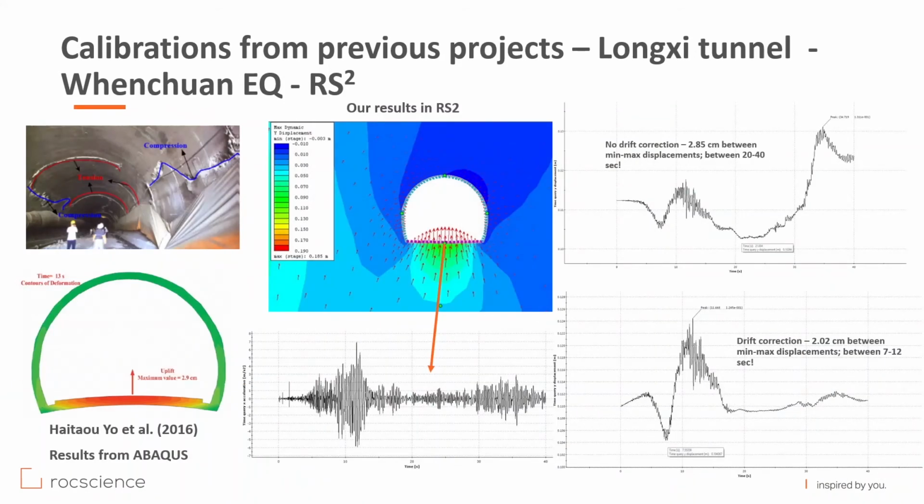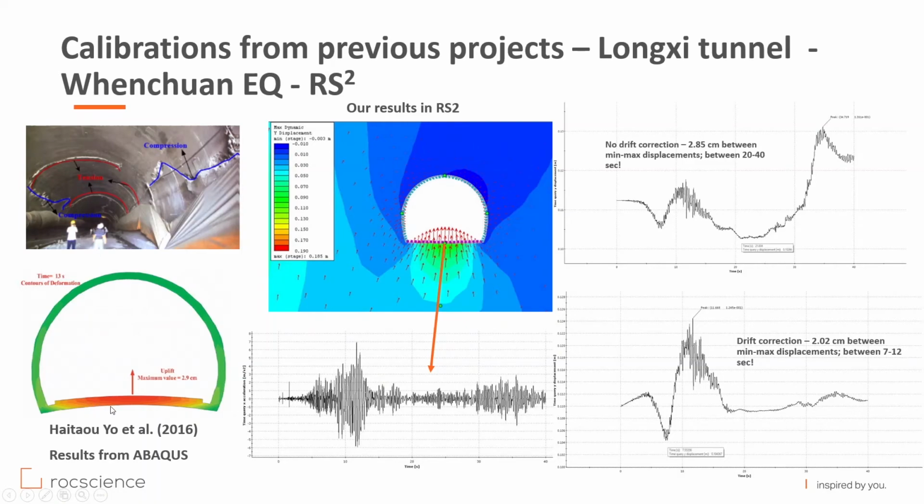And let's see how our model looks. This is an exported section from the Abaqus software, and here is the photo of this region. Where the tunnel is not collapsed, they observed compression and tension areas.